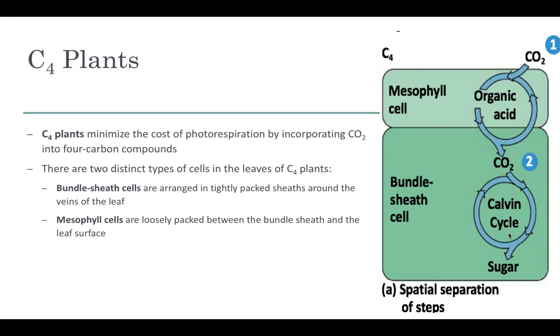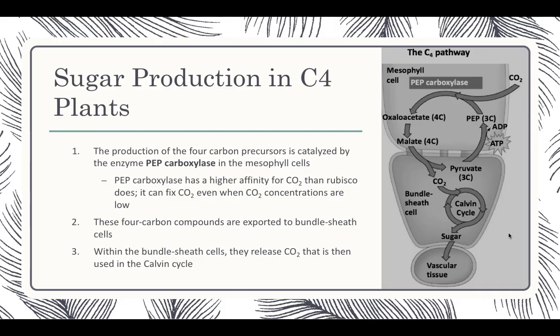So instead of making the sugar, it makes an organic acid. Then it moves that acid from the mesophyll cells to the bundle sheath cells where they release carbon dioxide. That carbon dioxide is then used in the Calvin cycle, and the sugar is passed on to the phloem. So that aids in reducing the effects of photorespiration.